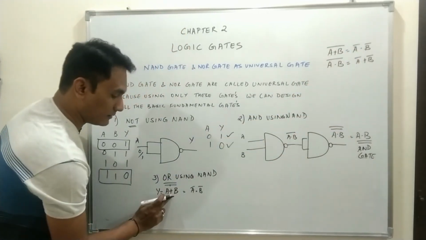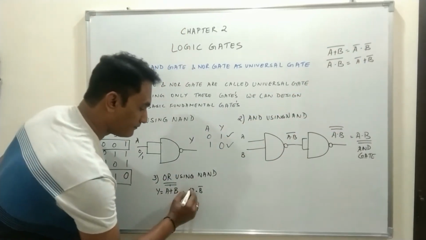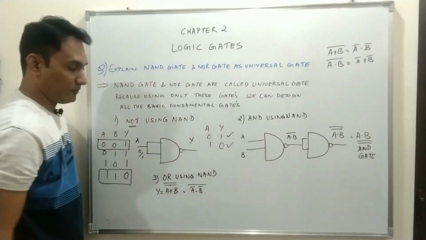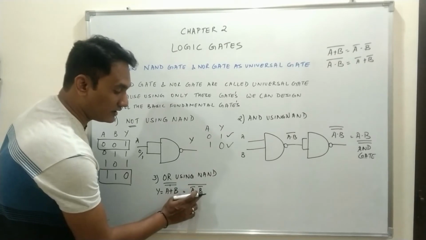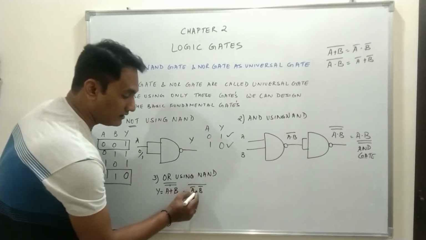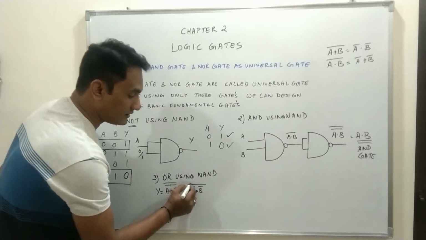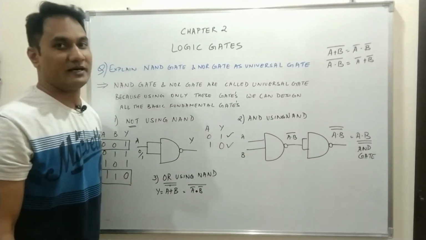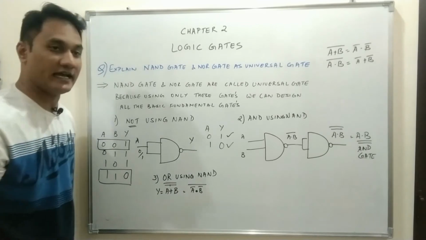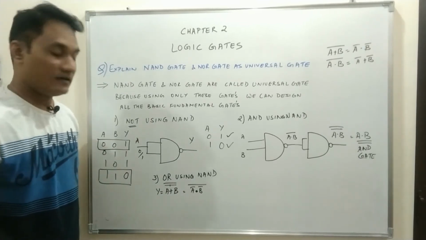So that is what we have done, plus to dot, and whole complement. So now we are left with an equation, A bar dot B bar whole bar, and dot means AND logic, and complement of AND is nothing but NAND. So now we can easily design a circuit using NAND gate.